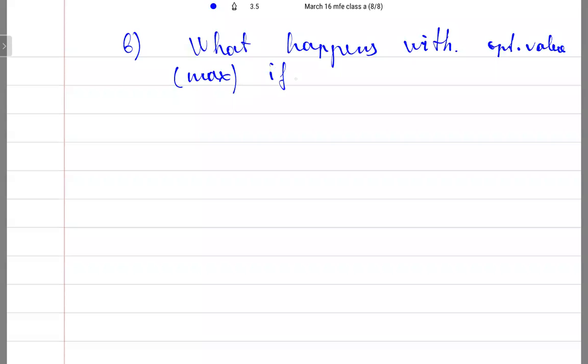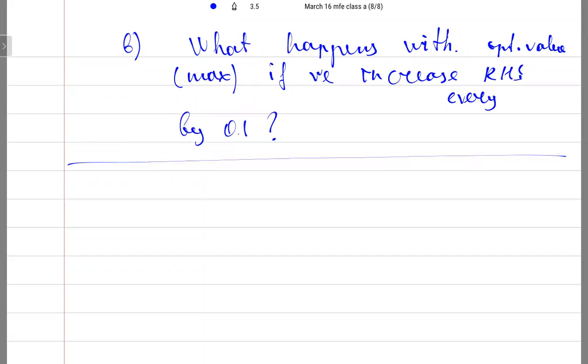If we increase every right-hand side by 0.1, there is an exact answer, and there is a fast approximate answer.